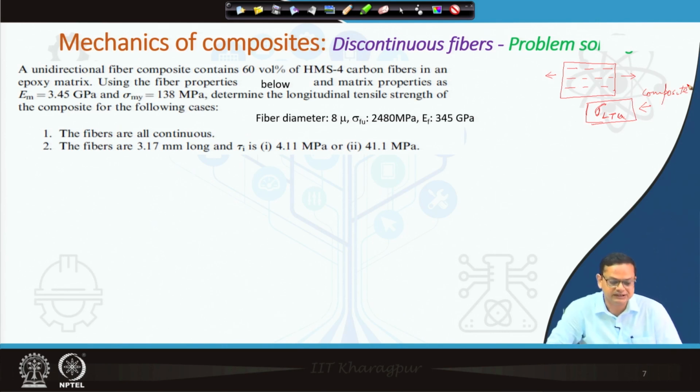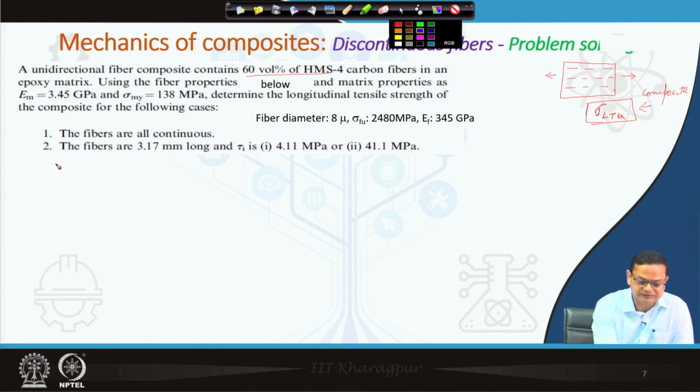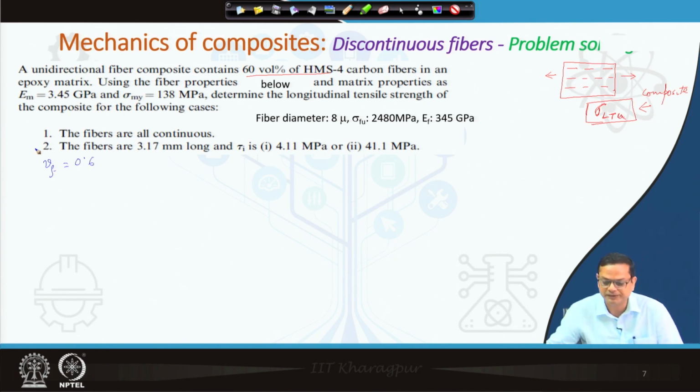What it says is that a unidirectional fiber composite contains 60 volume percent of carbon fiber. So, the fiber here is carbon fiber and the volume percent is given as 60 volume percent. That means Vf is equal to 0.6. And the matrix has been told using the fiber properties below.